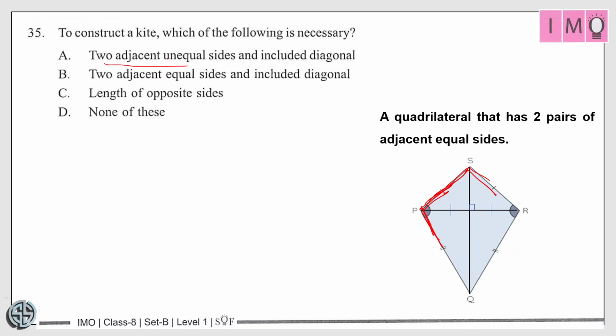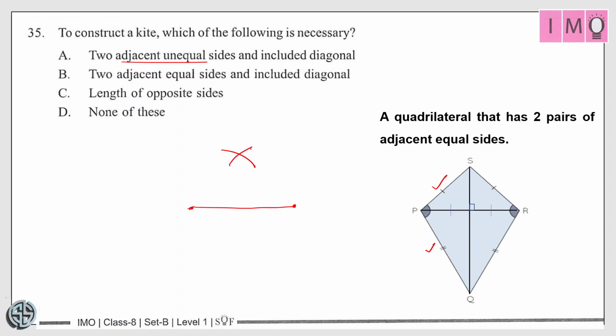So first option is two adjacent unequal sides and included diagonal. So adjacent unequal means PS is given, PQ is given, and the included diagonal is given. So can we construct the kite? Let's see. If we are given the included diagonal here, and two adjacent unequal sides, that is PS and PQ, take the arc length as PS and cut like that from the other diagonal point, because PS is equal to SR in a kite.